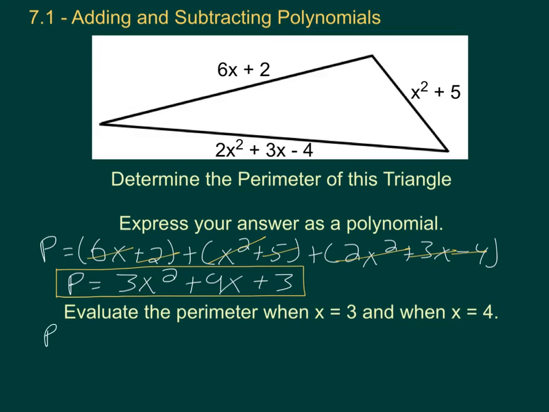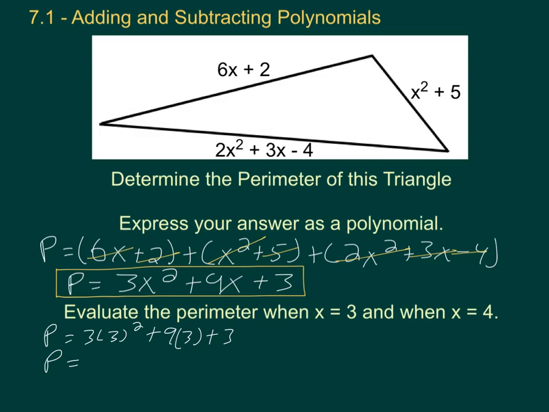So I'm going to get P equals 3 times 3 squared plus 9 times 3 plus 3. 3 times 3 squared is 9, times 3 is 27. Oops, wrote 29. Let's change that up there. A little messy, that's okay.